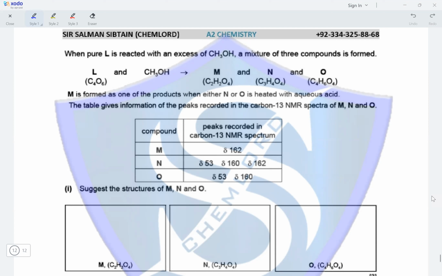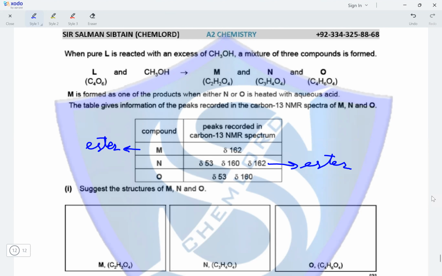So what we have identified so far is that M is an ester, and the ester has a chemical shift value of 162, which means all the carbon atoms are in the same environment. N has three peaks: 162, which is for the ester, which is not there in O. N and O have a peak at 53 and 160.